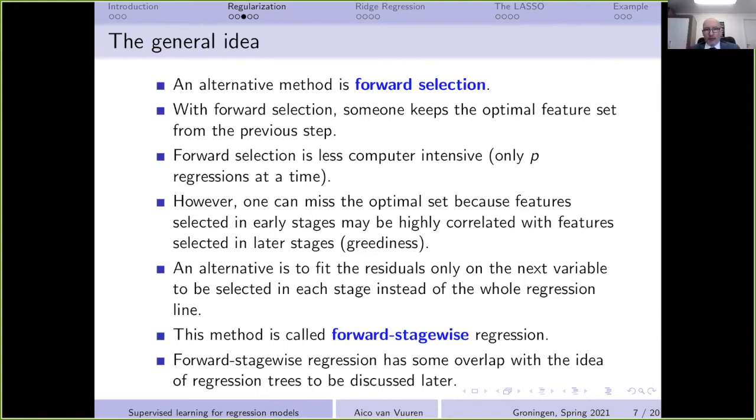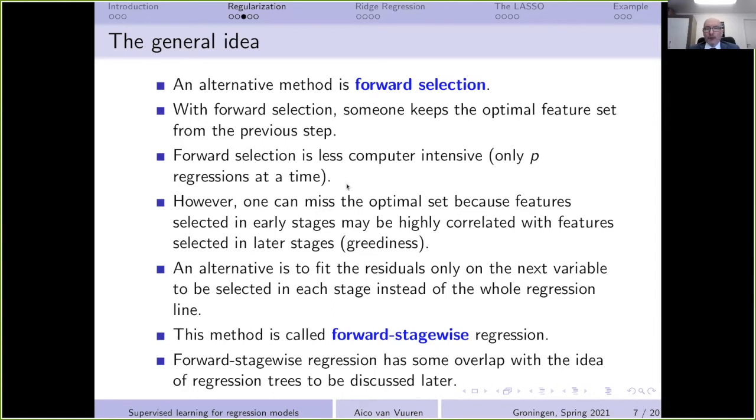And that means that it's going to be much faster, because in forward selection, you still have to include all the different regressors at the moment that you do a particular regression. But with this one, it's just one regressor for any regression model. Well, this method is called forward stage-wise regression, and forward stage-wise regression is even faster than forward selection.